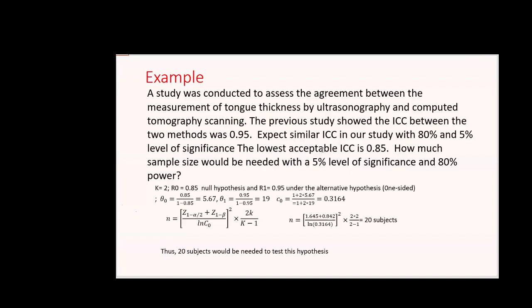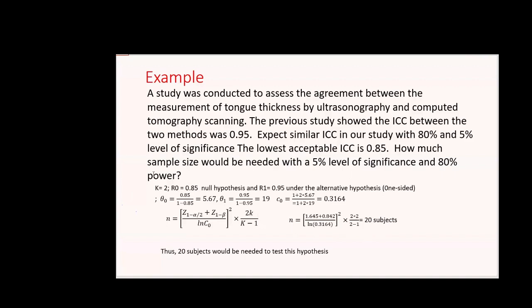But if you want, you can go for two-sided also. In that case, the number of subjects required is 20. Theta 0 is for 0.85, R1 is equal to 0.95. You can calculate theta 0 and theta 1 and then C0 and substitute in this formula, and you get a sample size of 20 subjects.